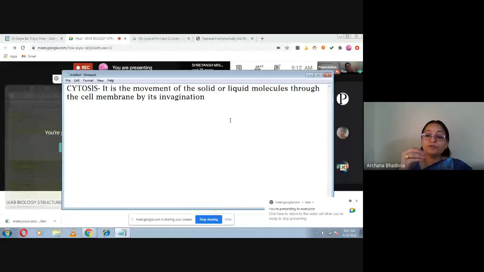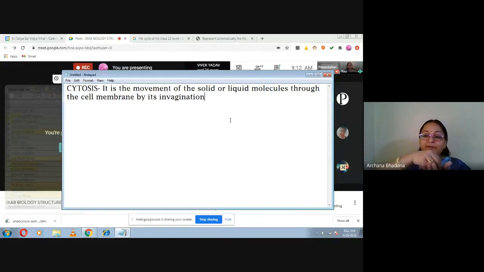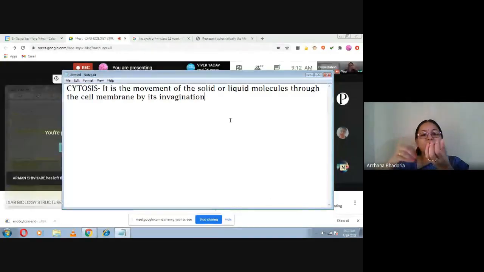When it comes in contact with the cell membrane, it will make a cup-like structure. It will go inward, that is invagination, meaning it will get depressed. It will make a cup-like structure, in that the solid particle will move, and then it will close and get detached from the cell membrane.